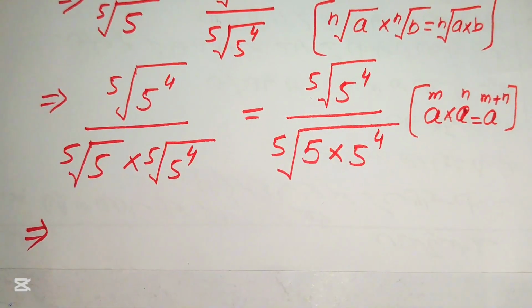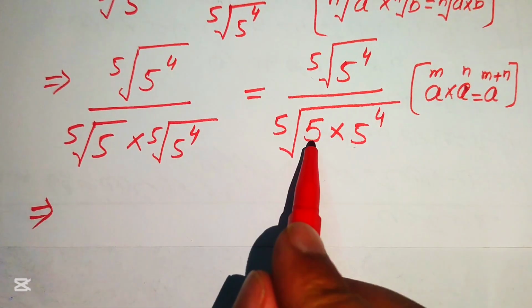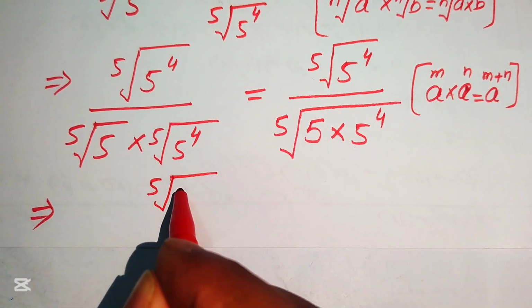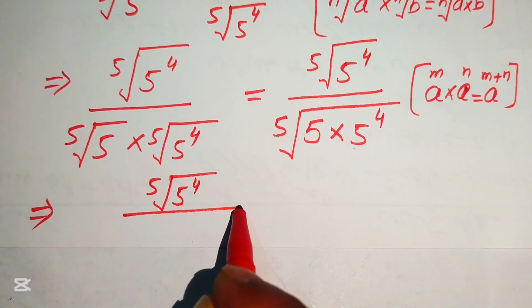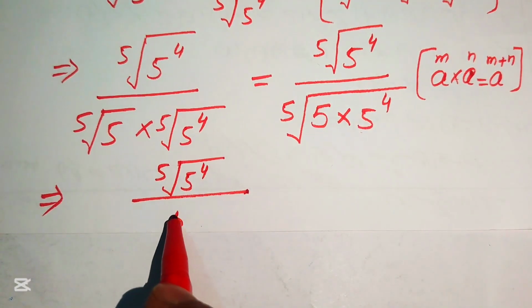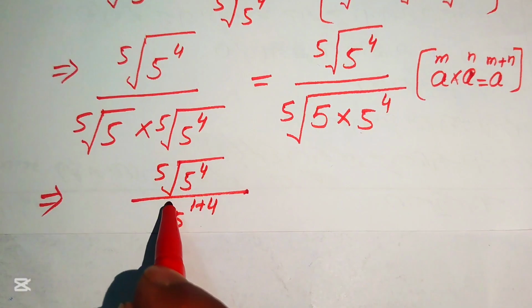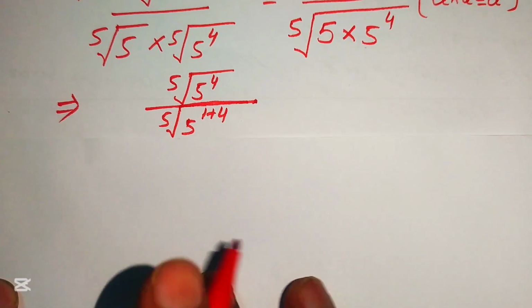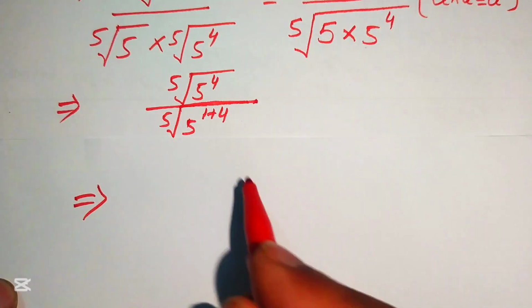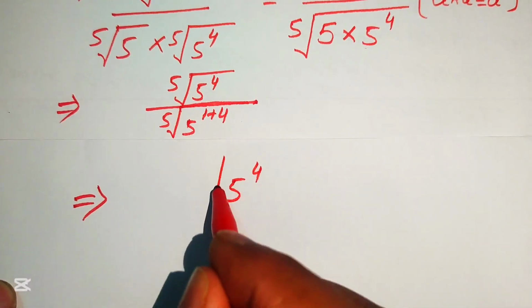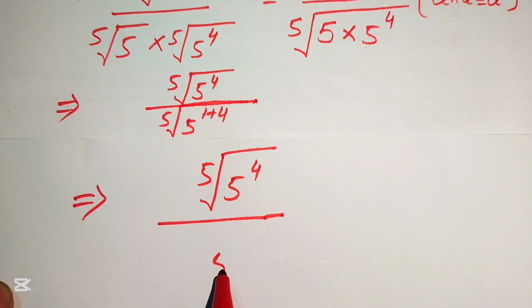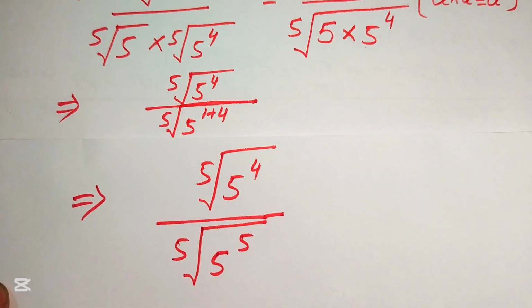So according to this exponent law, you see here the bases on these two terms are the same, so we add its exponents and it will be written as fifth root of 5 to the power of 4 divided by, here you have 5 to the power of 1 plus 4 and its fifth root. And now in the next step, we need more simplifications, and we write it as 5 to the power of 4 and its fifth root divided by, here you have 5 to the power of 5 and its fifth root.